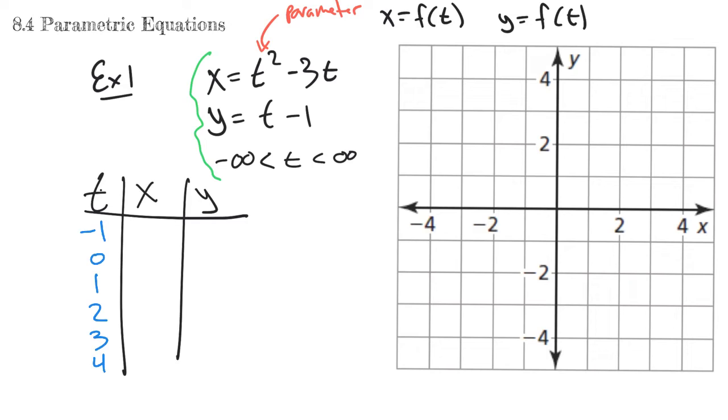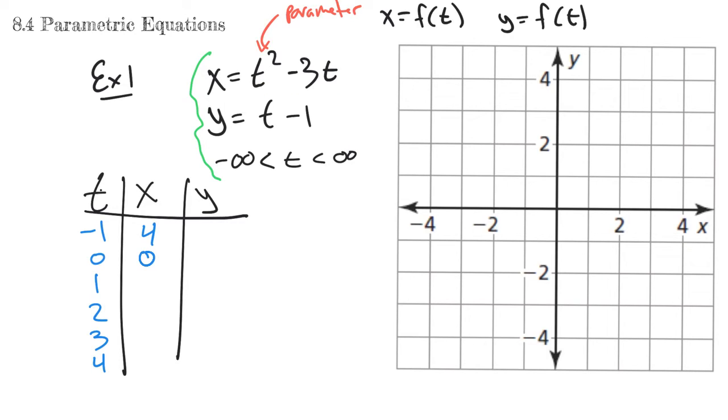Okay, so all we do is plug those into the x function, t squared minus 3t. Going through -1: 1 plus 3 would be 4. 0 minus 0, so 0.